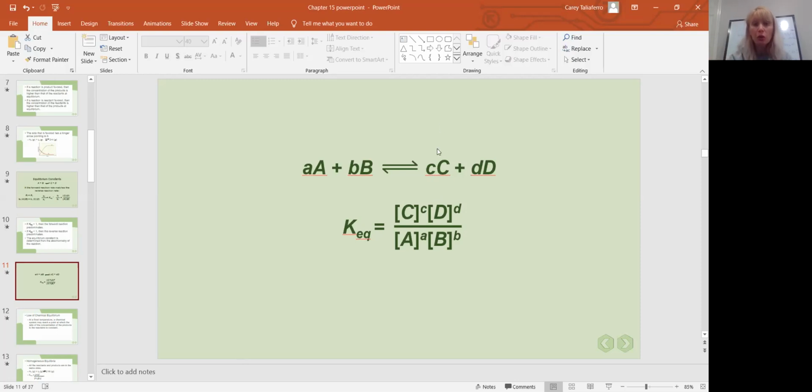So if lowercase c were a 2, it would be the concentration of C squared. Likewise, D is another product. We're going to raise it to the lowercase d power, and we're going to divide that by the concentration of reactant A raised to the lowercase a power, because that's its coefficient. And then we're going to multiply that by the concentration of reactant B raised to the lowercase b power.